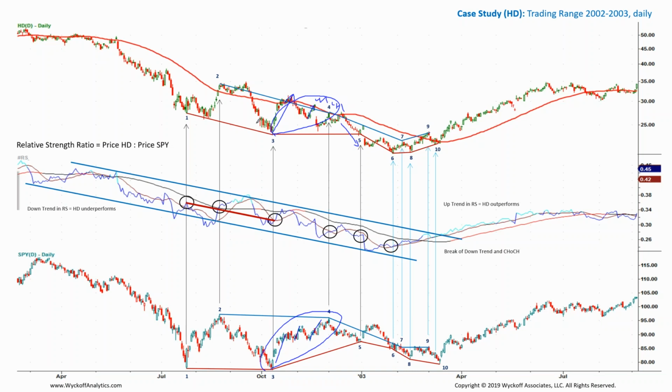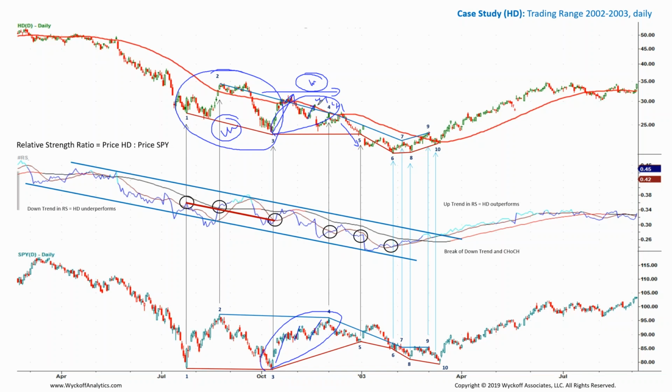So you could see how the identification of weakness in this area suggested that there might be some weakness going forward, and that this stock is going to be underperforming the market potentially.